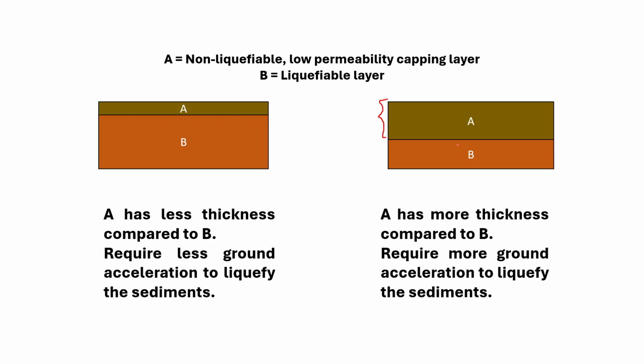But if it has a very small or decreased thickness, then the bottom layer, the liquefiable layer, can be easily liquefied with less ground acceleration. I hope that is clear to you. I just drew this image so that you have that pictorial memory. That's why, A and B. I hope you have understood. Or if you have any questions, you can ask me.